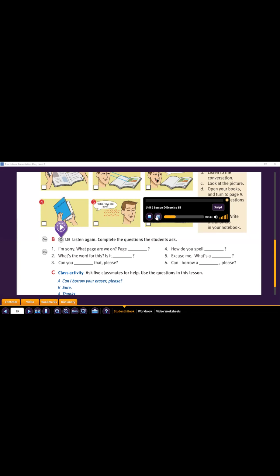Okay. What's on page 9? A picture of a classroom. Right. Look at the picture. What's in the classroom? A clock. Yes, that's right. Excuse me, what's the word for this? Is it a desk? Right. The teacher's desk.